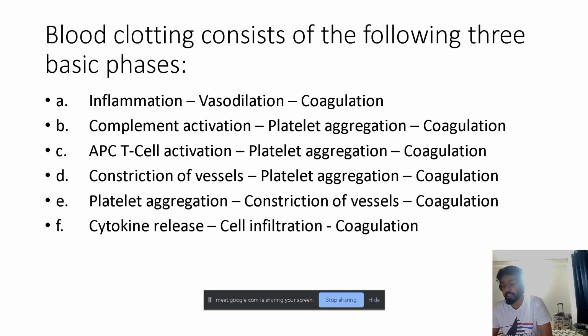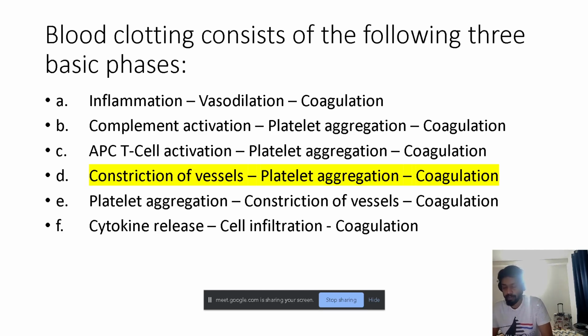Cytokine release and cell infiltration and coagulation. Again, cytokines need not be released, right? There's no immune system that's involved with blood clotting. So inflammation, complement activation, APC T cell activation, cytokine release, all this need not happen.